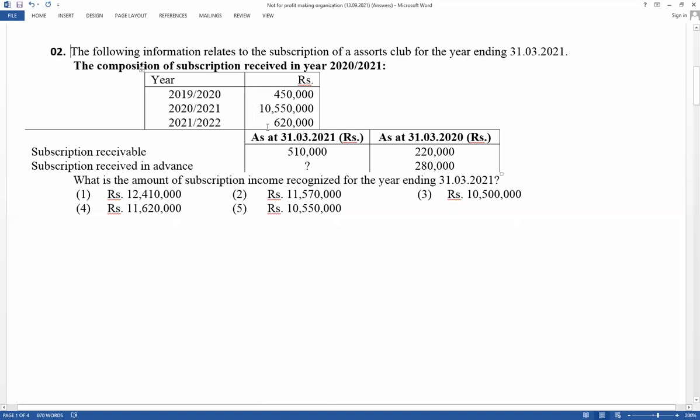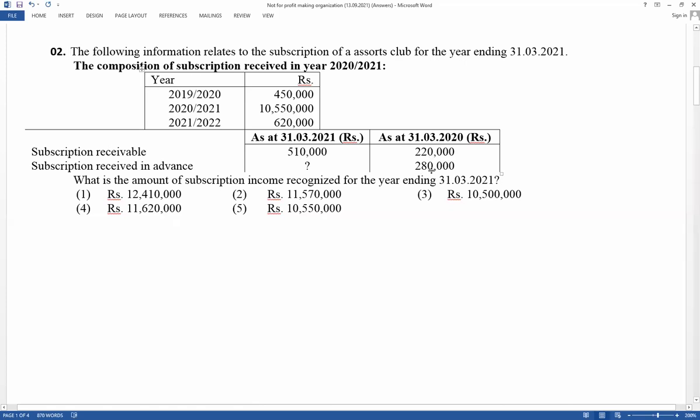Therefore, this is subscription received in cash during the accounting period. And the opening and closing balances are given. The 31st March 21 closing balance, and the 31st March 20 previous year closing balance became this year's opening balance. It has given subscription receivable, which is called subscription in arrears, and subscription received in advance.